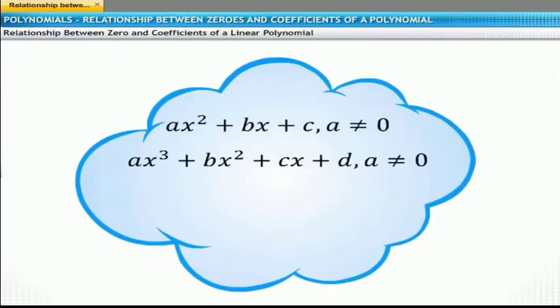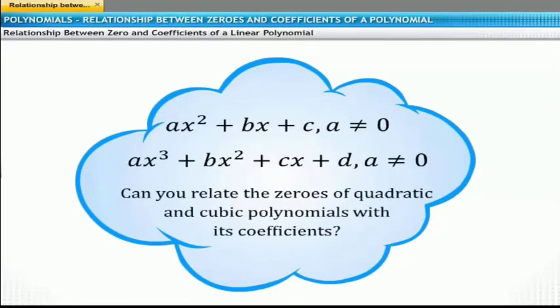The general form of a linear polynomial, which I already told you, is p(x) is equal to ax plus b, where a does not equal 0. So let alpha be the zero of p(x) equal to ax plus b, and p(alpha) is equal to 0, so a into alpha plus b is equal to 0, and a into alpha is minus b.